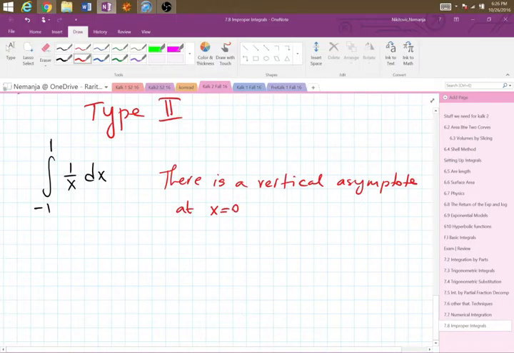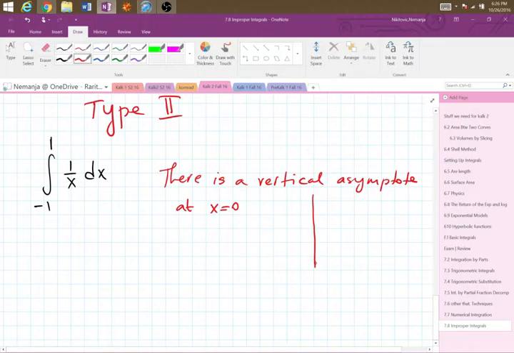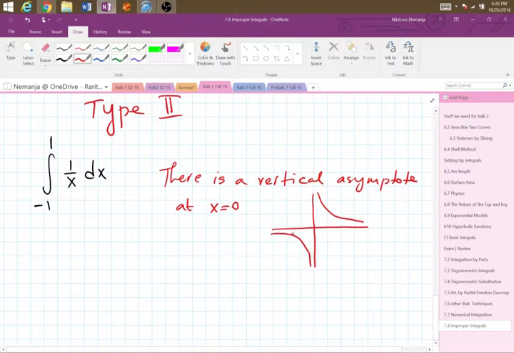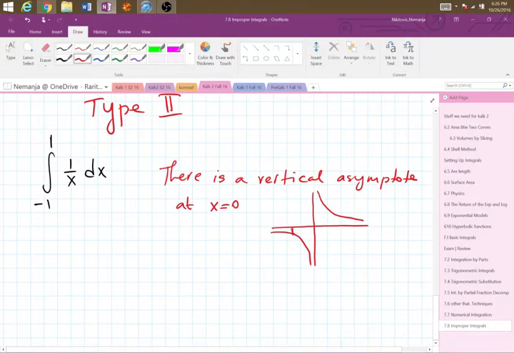And that is a big problem, an issue. Because if you look at the graph and you say from -1 to +1, you are talking about this area which is going to leak this way and this way forever.